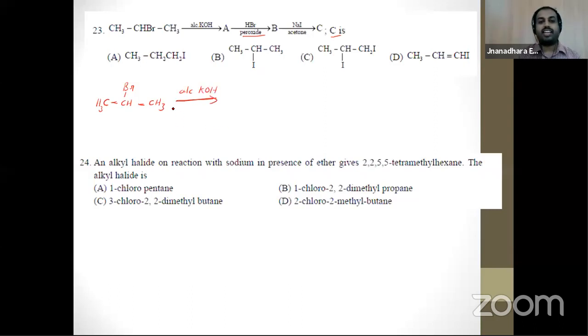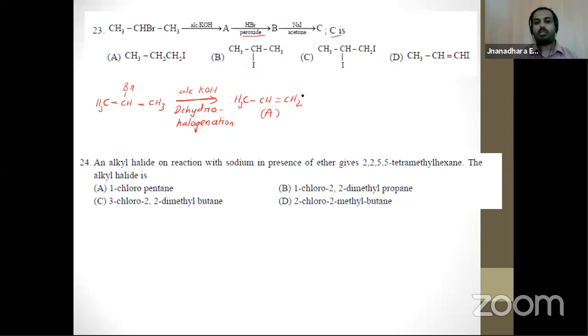This is a dehydrohalogenation reaction. This results in an alkene. So hydrogen leaves along with the halogen, and you get an alkene, propene, CH3, CH double bond CH2. Well and good. This is your compound A.